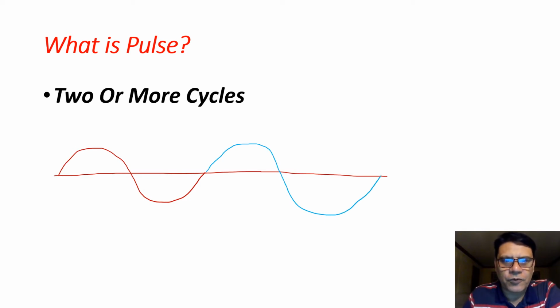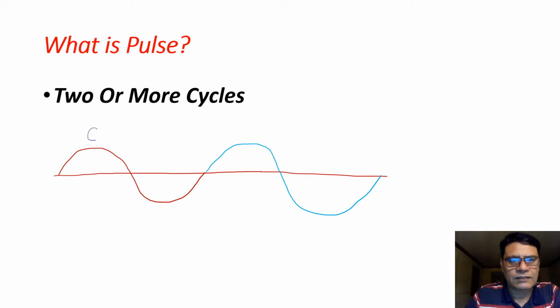So the group of two or more cycles, two cycles, three cycles, four cycles, the group of 3, 4, 5 cycles is called a pulse. And it has different areas, like the same ones we discussed when we discussed the wave.